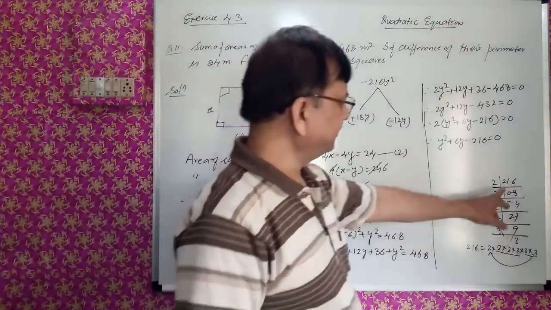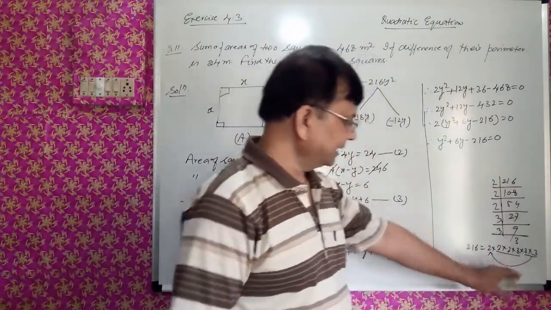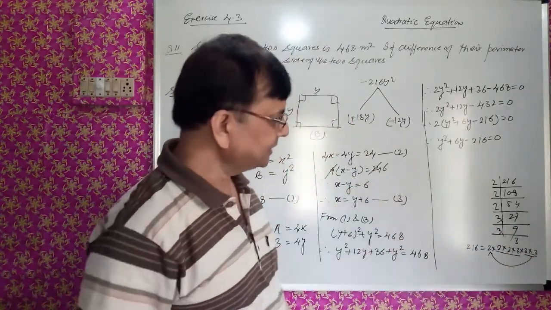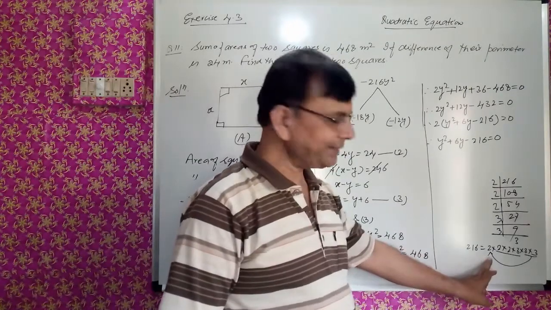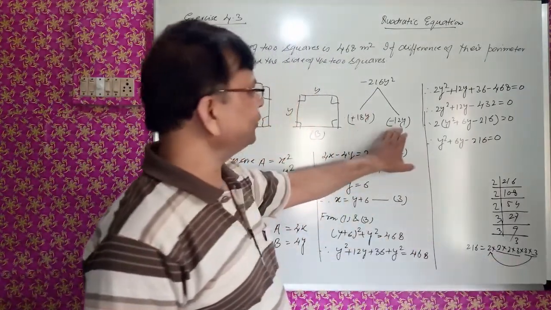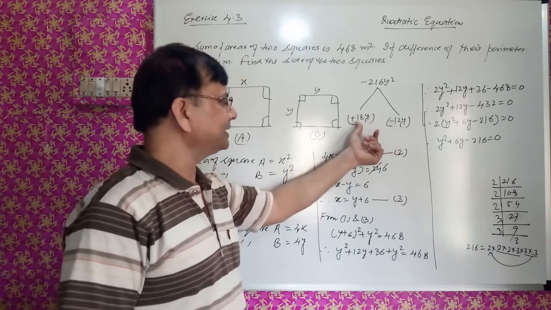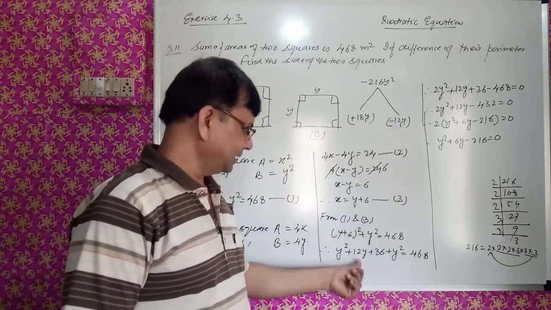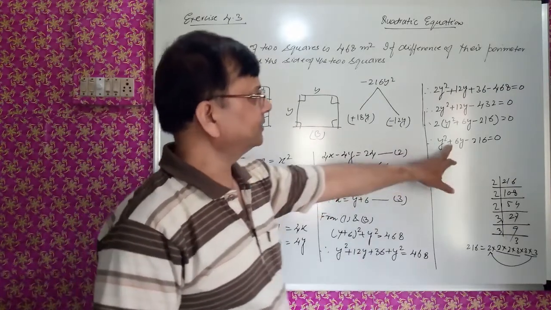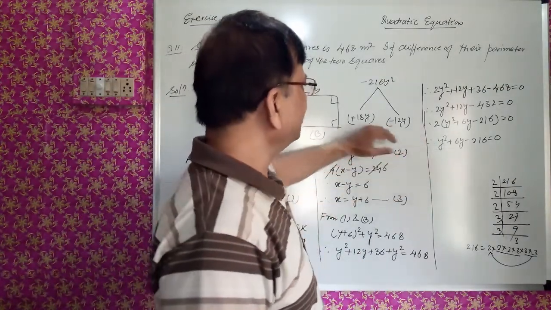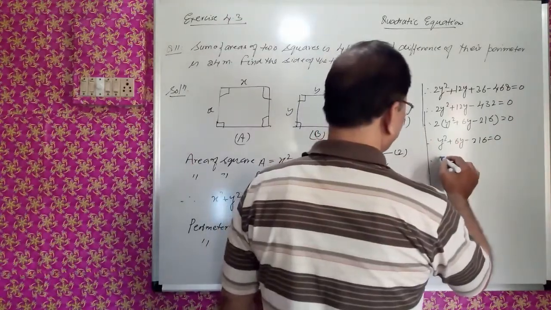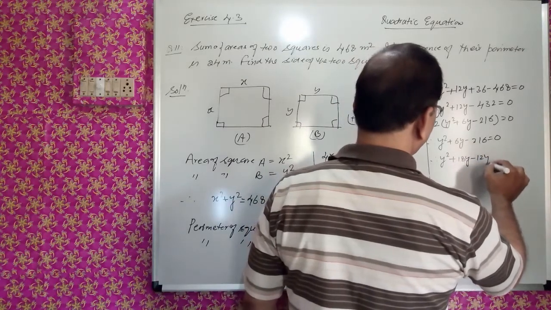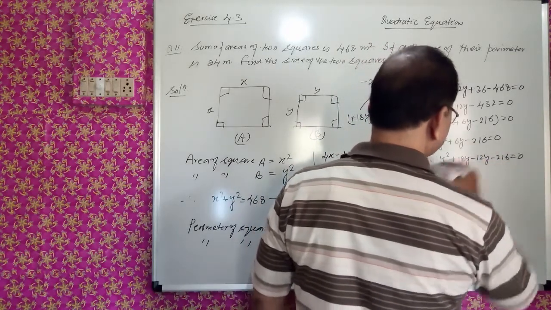So factors of 216 are these. Out of so many factors, I have converted this into two factors, 18 and 12. If one is positive and the other negative, as I said, the bigger number has to be positive because the sum is positive. So y squared plus 18y minus 12y minus 216 is equal to 0.